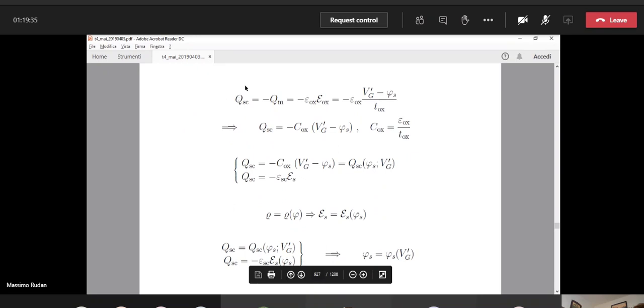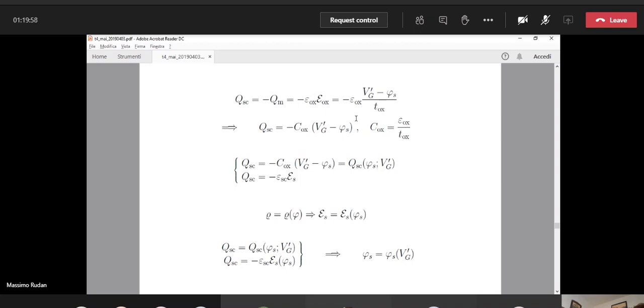The semiconductor charge per unit area is minus the metal charge per unit area. We replace the expression of Qm as minus epsilon ox E ox, and then we replace the expression of the insulator field.